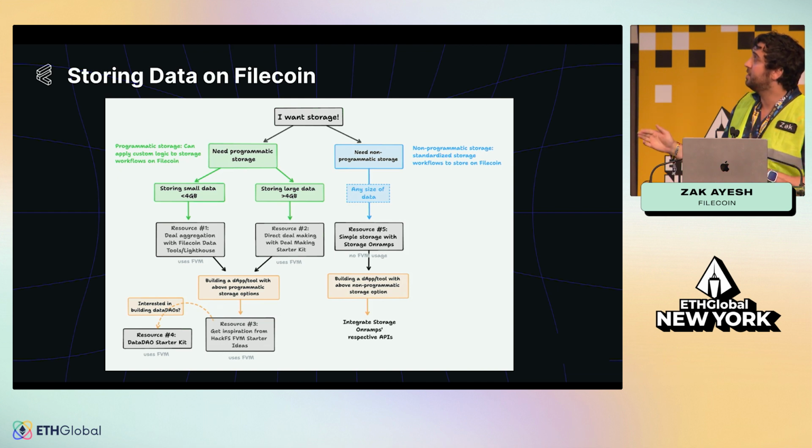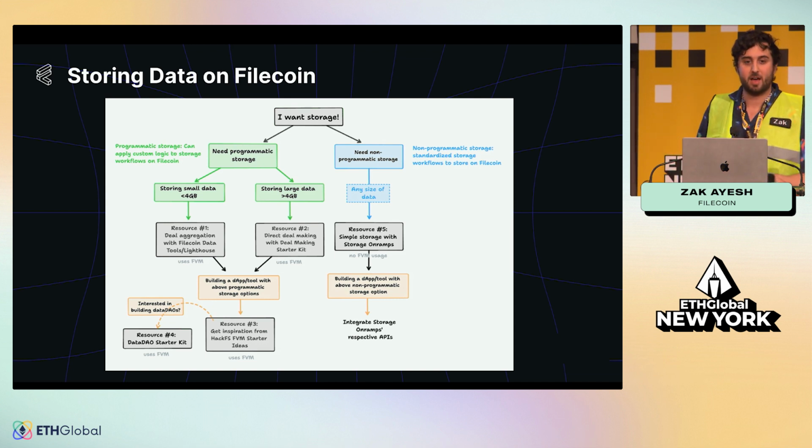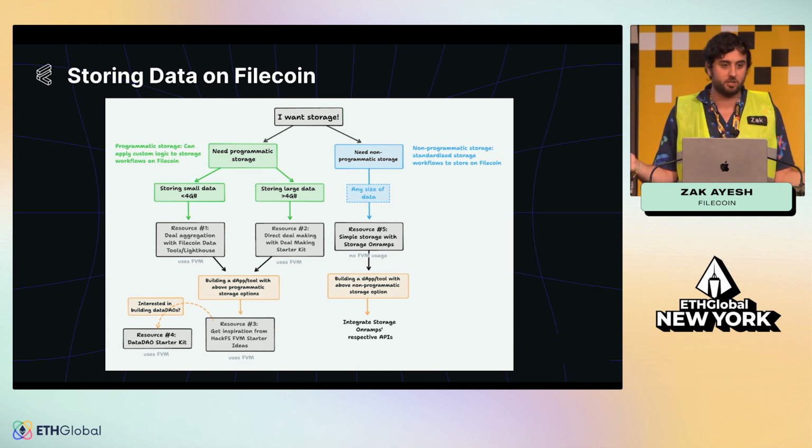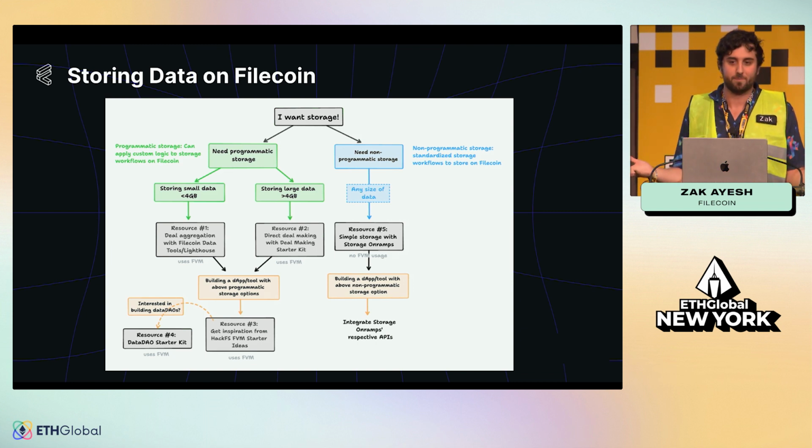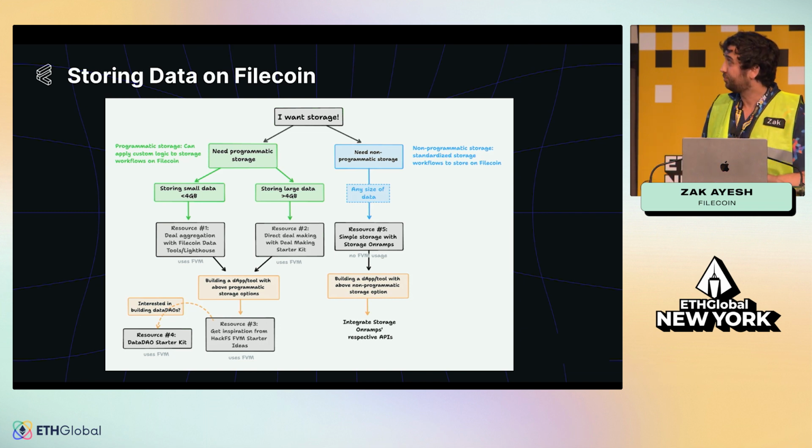But maybe you need programmatic storage. In that case, there's two paths. If you have really small data sets, maybe just a couple of NFT images, or maybe you have a really large data set, like huge DeSci data sets, like oceanographic data or something that you want to run a large AI model on.